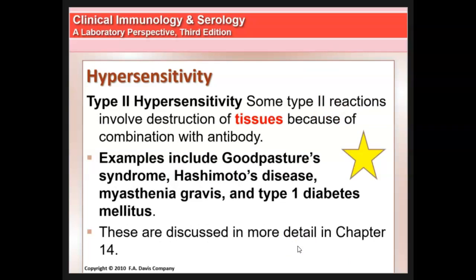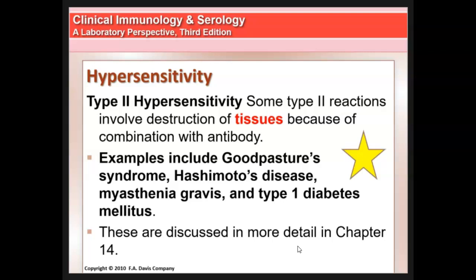Some type 2 reactions involve the destruction of tissues because of combination with antibody. Examples of this include Goodpasture syndrome, which produces an antibody that reacts with the basement membrane protein found in the kidney, in the glomerulus, and pulmonary alveolar membrane, so it's going to cause a kidney or respiratory problem.